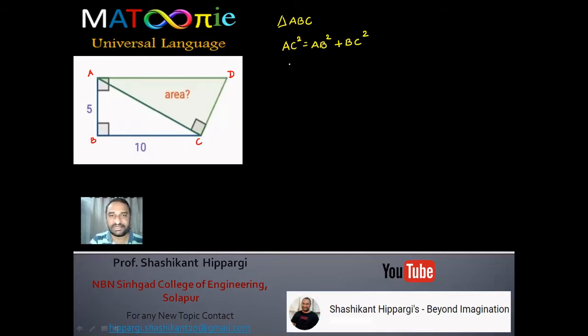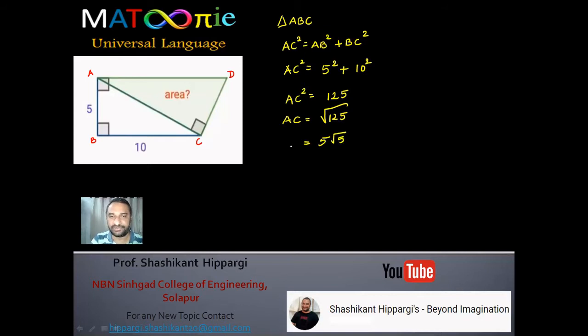Now, AC is what we need to find out. So AC square is equal to AB square, which is 5 square, plus BC square, which is 10 square. So I can say that AC square is equal to 125, since 25 plus 100 is 125. So this shows that AC must be equal to square root of 125, and square root of 125 is 25 into 5, so that becomes 5 root 5.